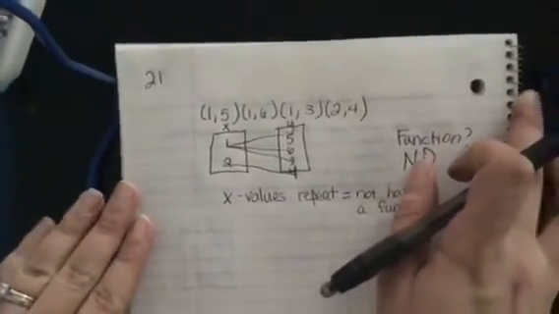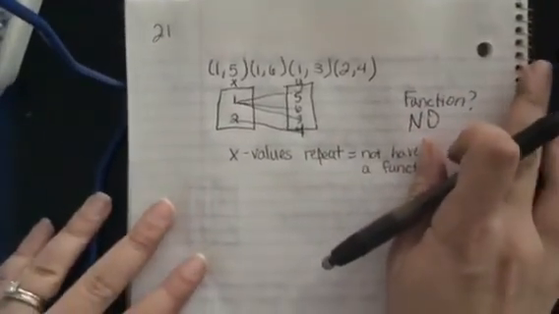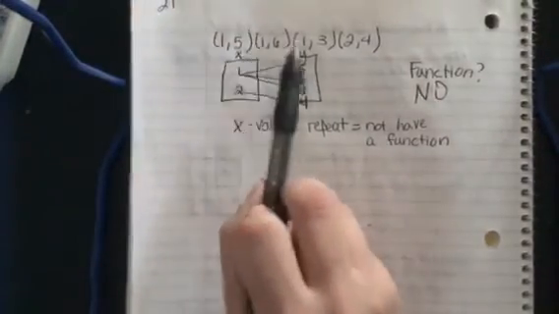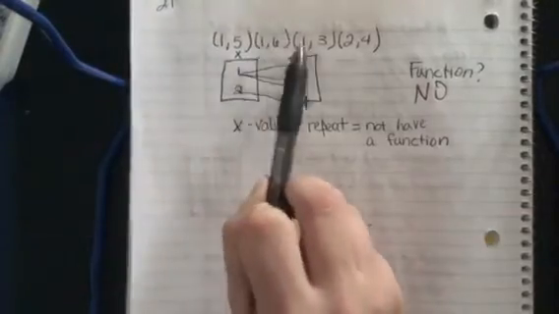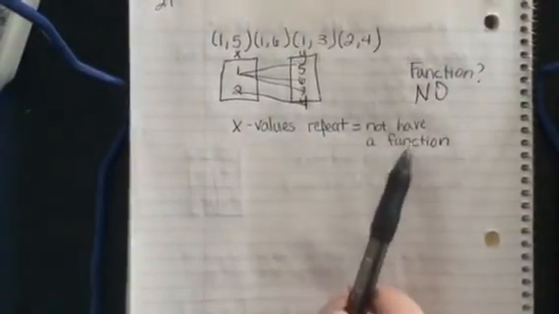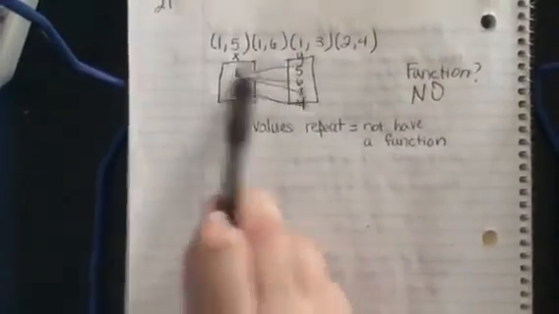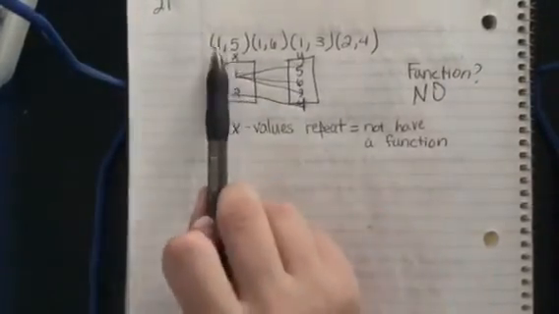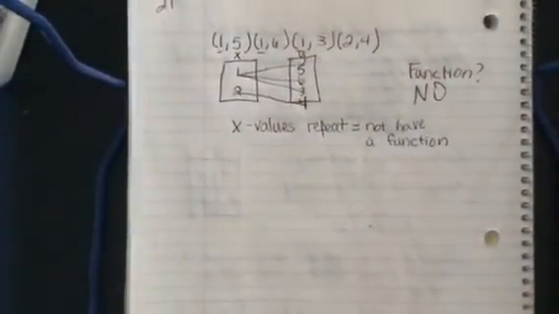Sometimes I just write what I'm speaking, even if it doesn't make sense on the paper. So because there are repeating x values, so our 1's repeat, this is not a function. You can map it out like this if it helps you. I think it helps, but you can also just look at this list and say, oh, I have x values that are repeated more than once, so it's not a function.